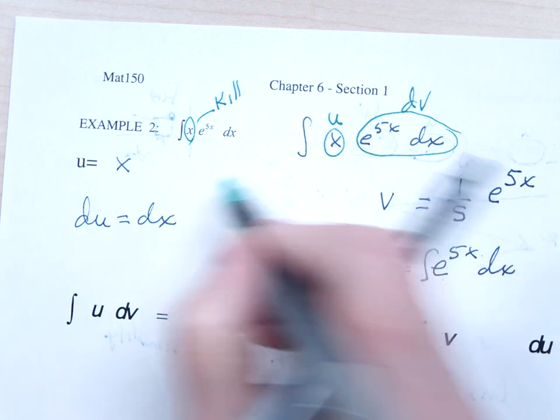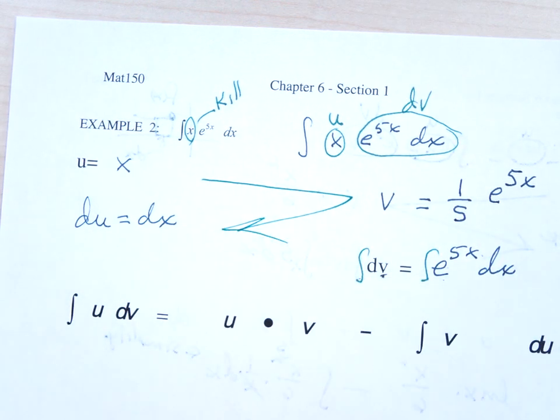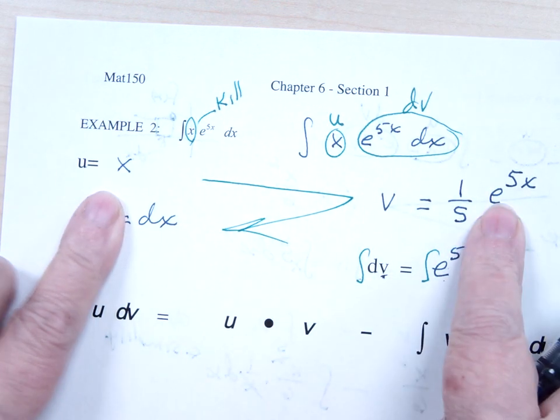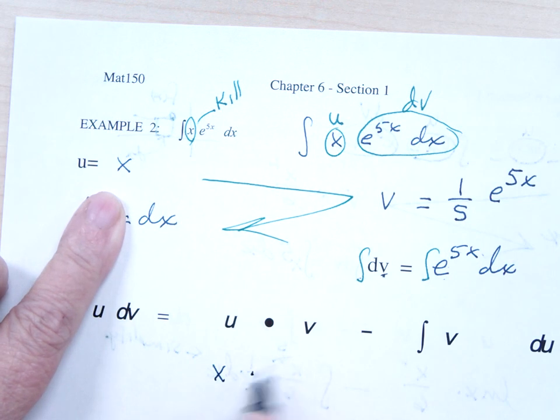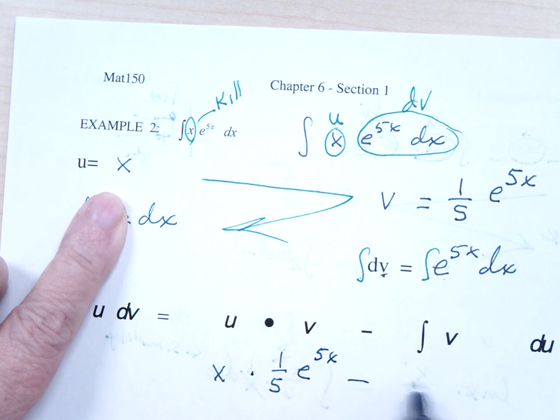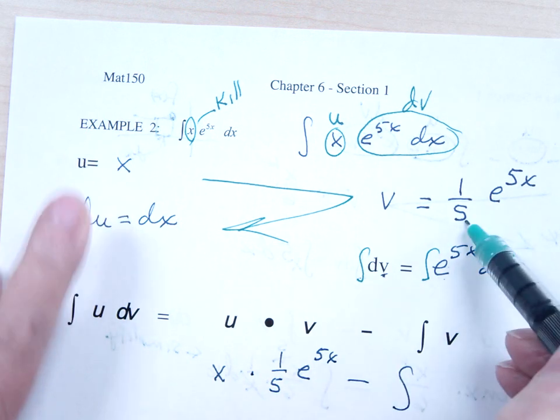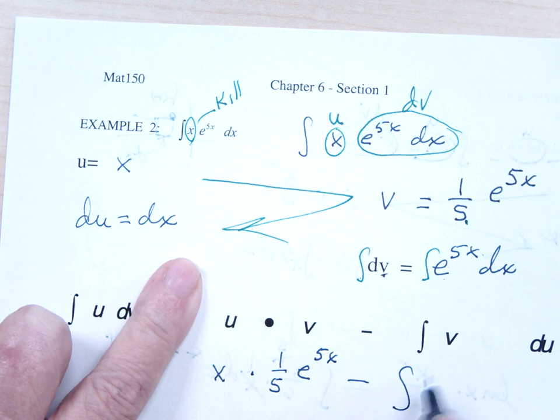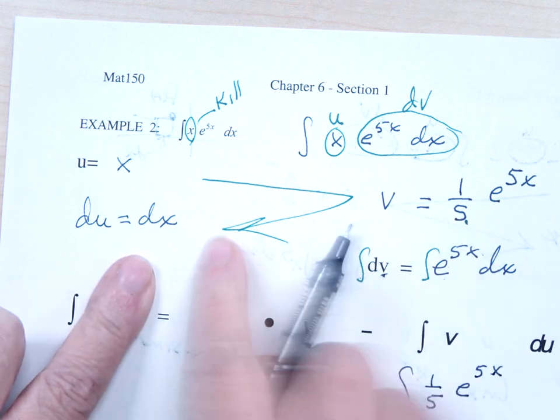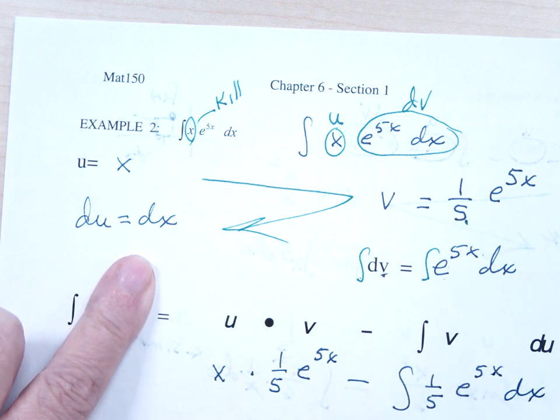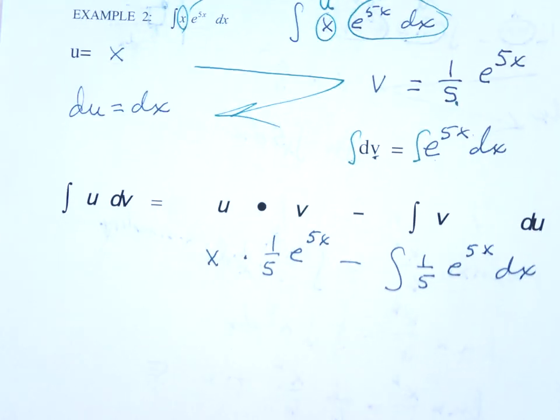And now you plug it in. So it's u times v, x times 1/5 e to the 5x minus the integral of v du, which is 1/5 e to the 5x, and then dx. And I can integrate that. I've already done it once.